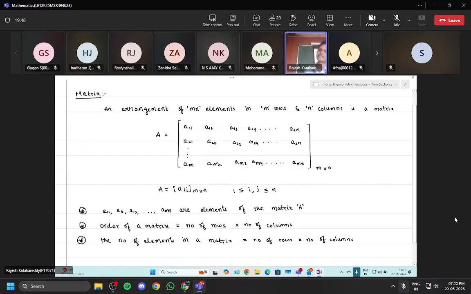Let's say it is a 3 by 3 matrix, order 3 matrix. That matrix will have 9 elements. Clear? This is the basics about the matrix.